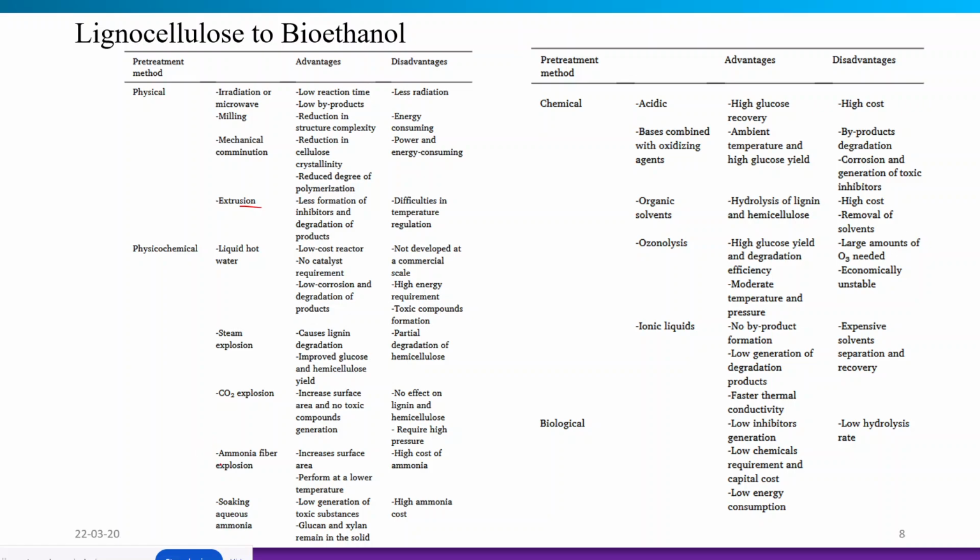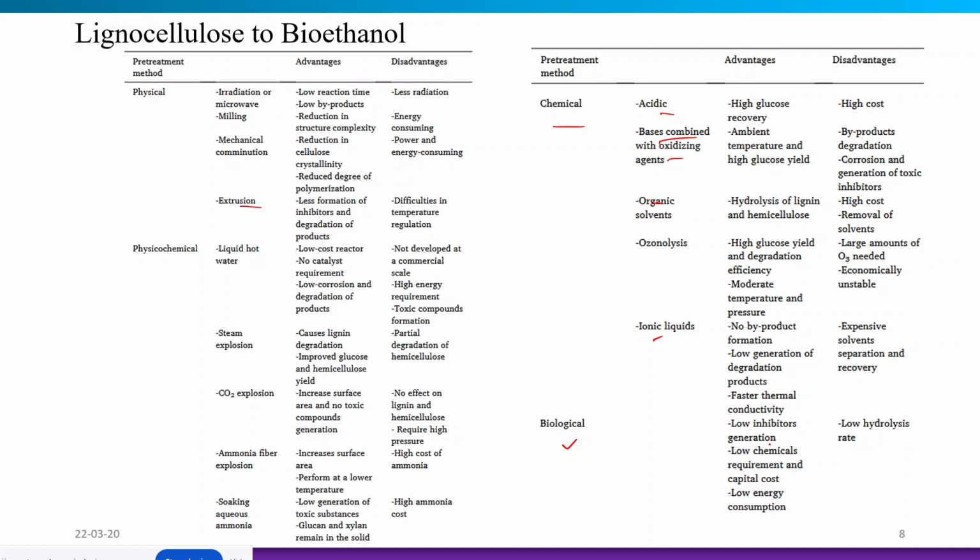Mostly we will be discussing some chemical pretreatment methods like acidic and ionic liquids or basic solution treatment methods.